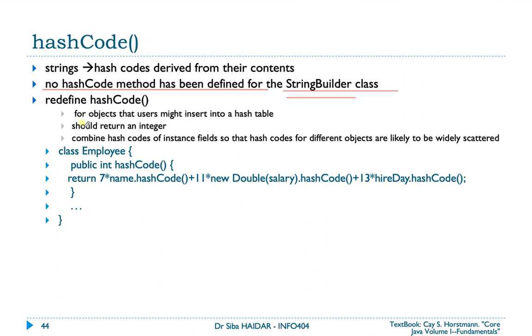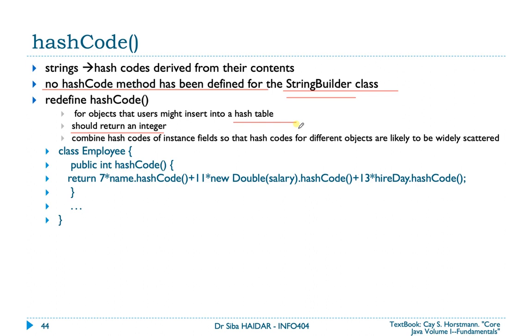For objects that users might insert into a hash table, it should return an integer. The hash code is used especially in hash tables, when we use HashSets and HashMaps, and those are collections. Those are in the collections part. When we arrive at that lesson, I will explain to you in detail why hashCode is very, very, very important.